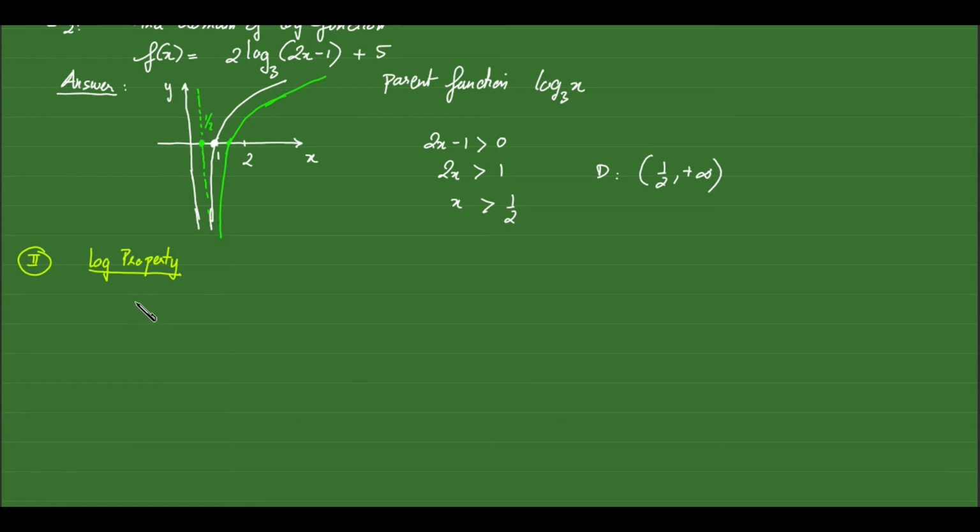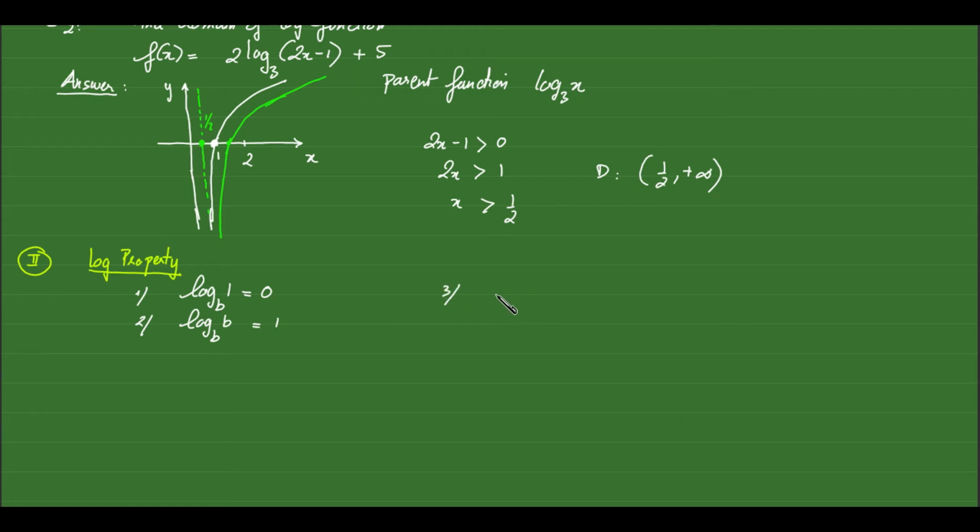The first property is, if you have log base b of 1, this gives you 0. If you have log base b of b, this gives you 1.